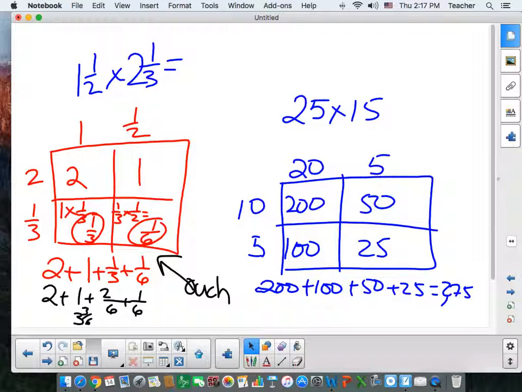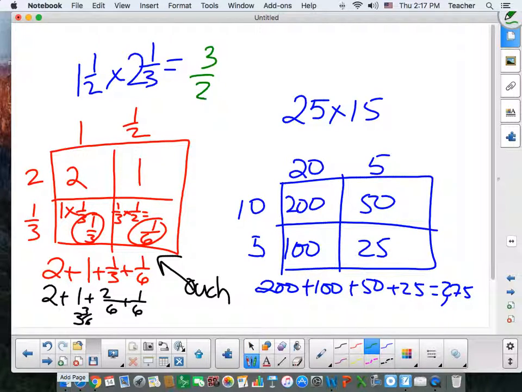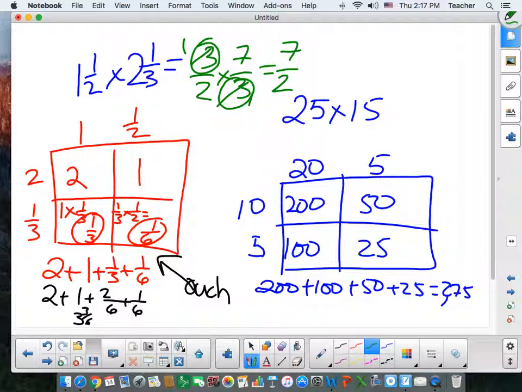So I would tell you in all honesty, the most important thing that you need to know for me is, can we take this and go 3/2, and can we multiply that by 7/3? Once again, you will see that we have a cross reduction possible, and 3/3 is 1. This now brings us to 7/2, or this brings us to 3 1/2.